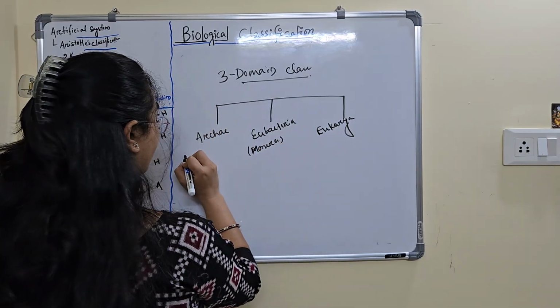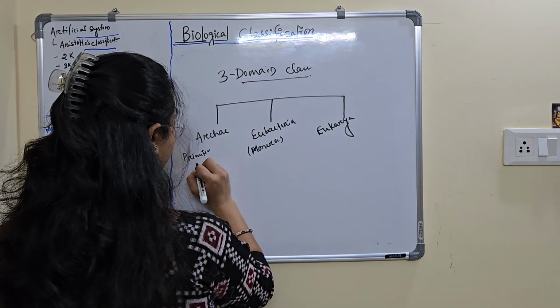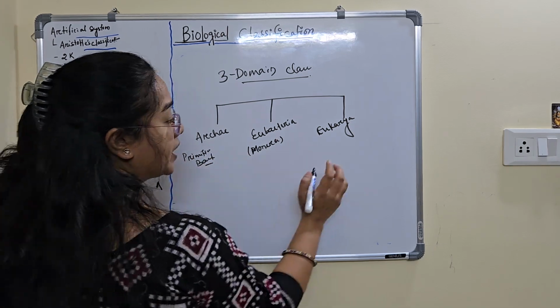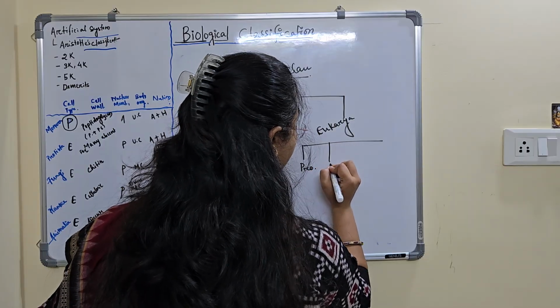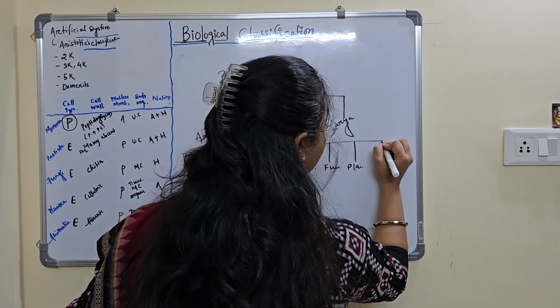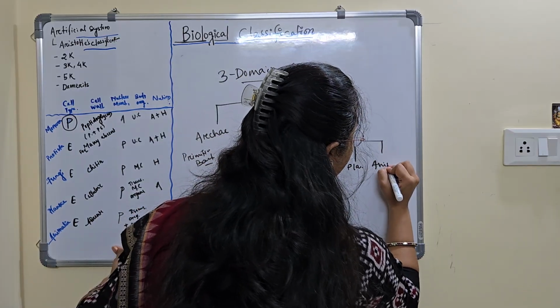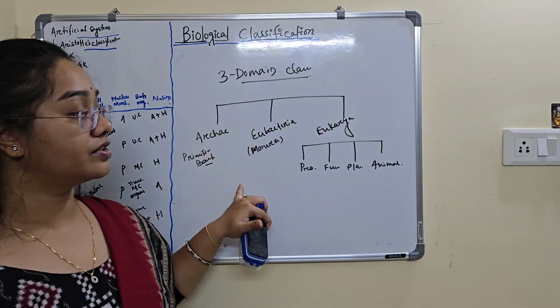In the archaea, all the primitive bacteria. Okay, and for the eukarya we have Protista, Fungi, Plantae and Animalia. Okay, so this is the three domain system of classification.